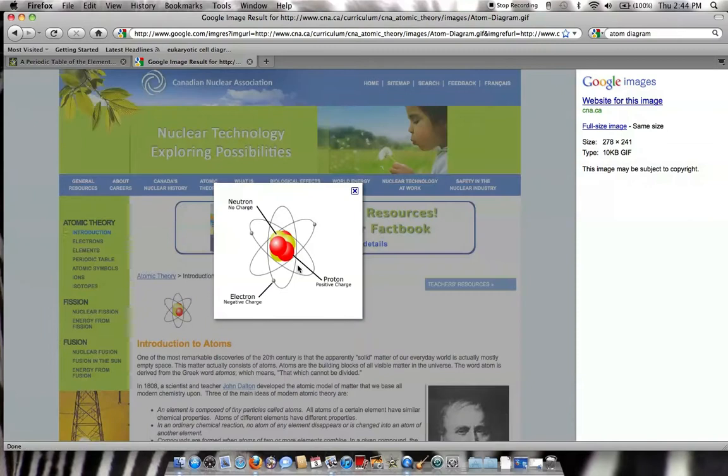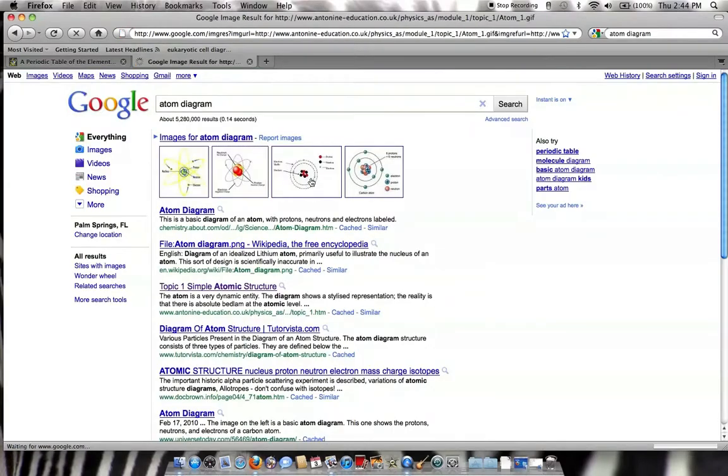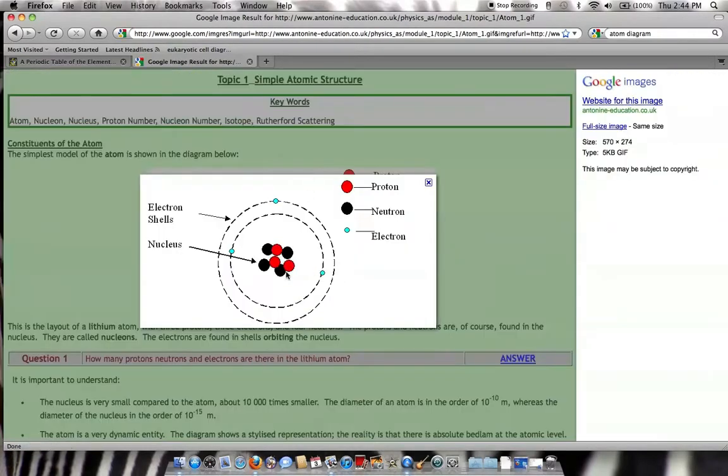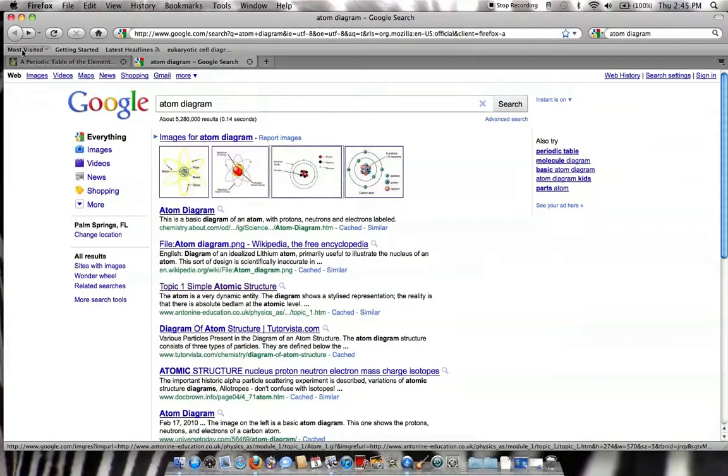And you can see there are several different websites that give us a whole bunch of information, and they give us different pictures of the atom. So I'm sure that you can do a search and find your own images, and that will help you to learn a little bit more about the atom.